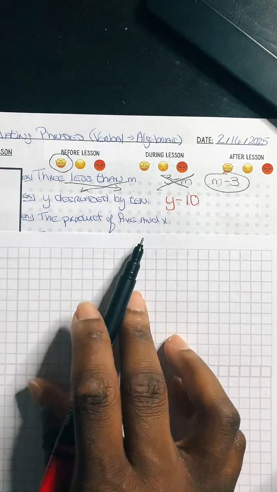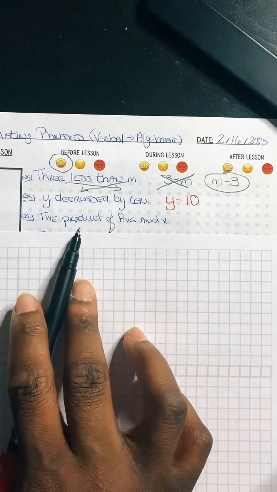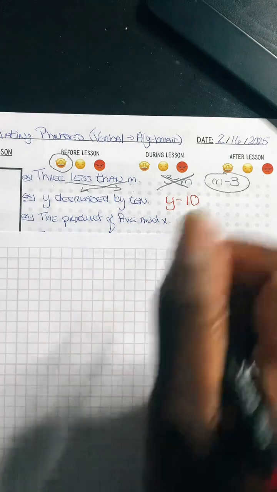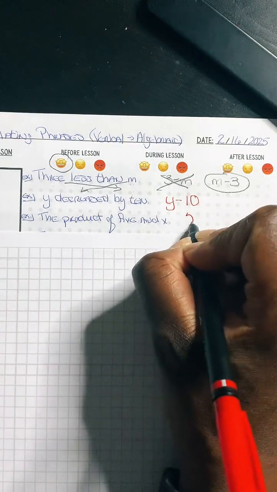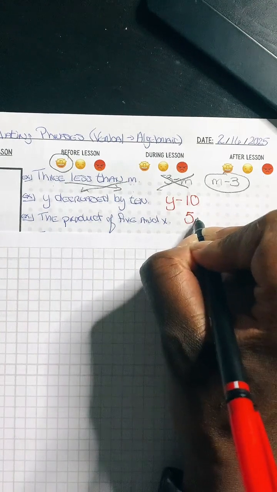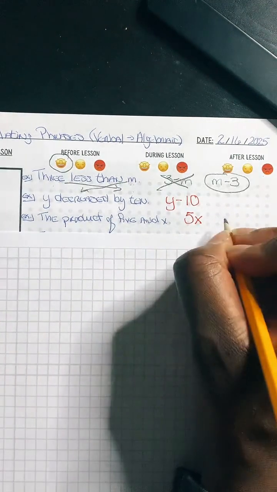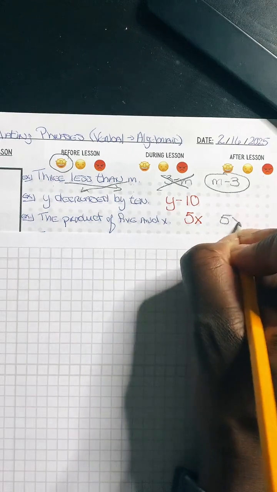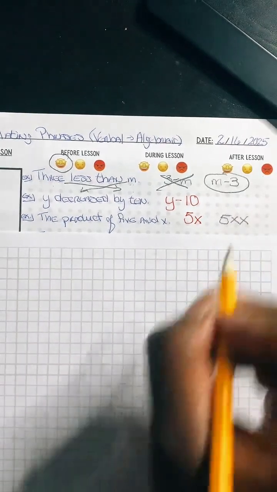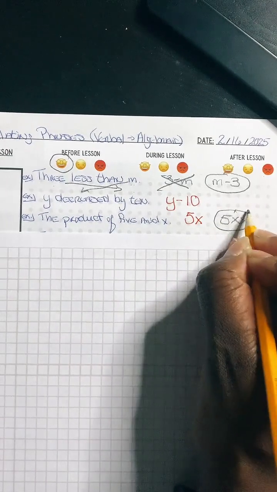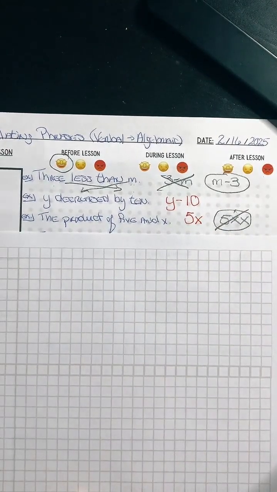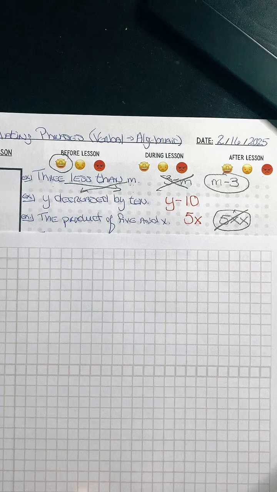So the product of 5 and x, product means multiplication, so this would give you 5x. Now, this is what you're not writing down. Please, you do not write 5xx. No. X no longer means multiplication.